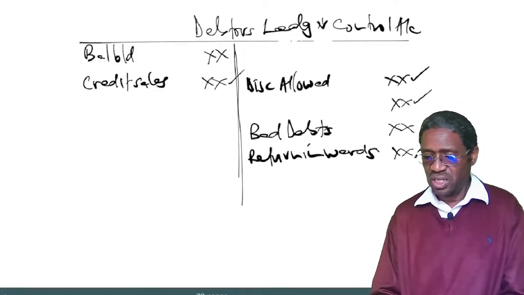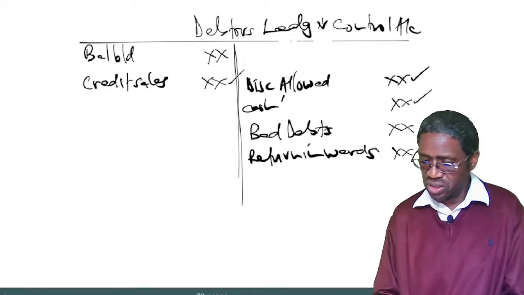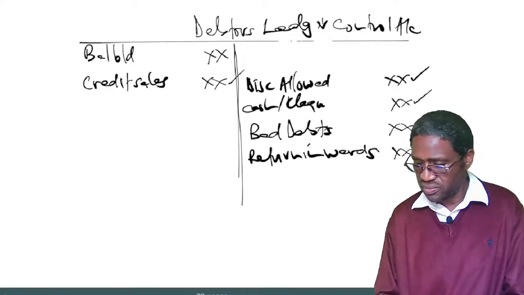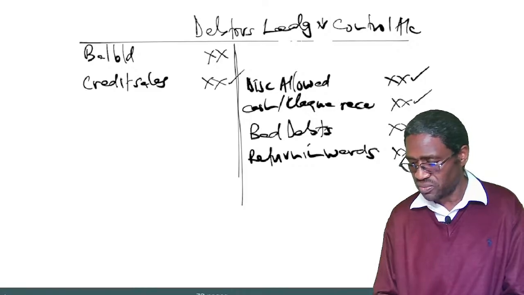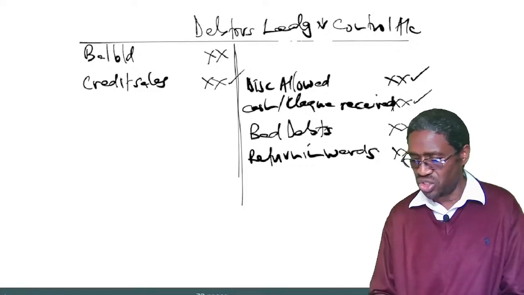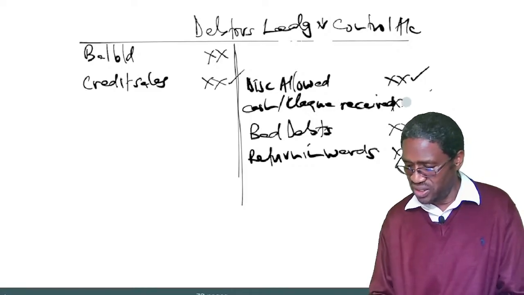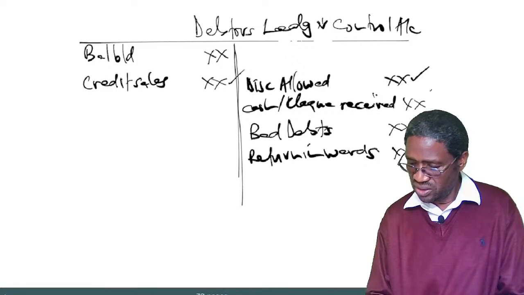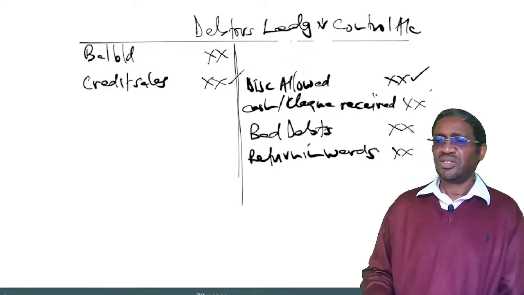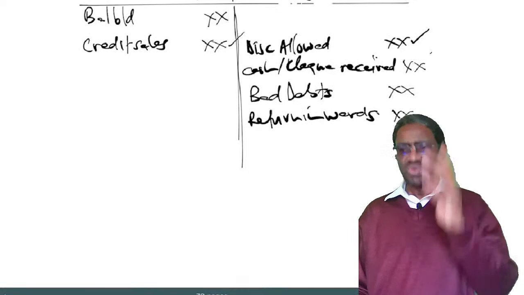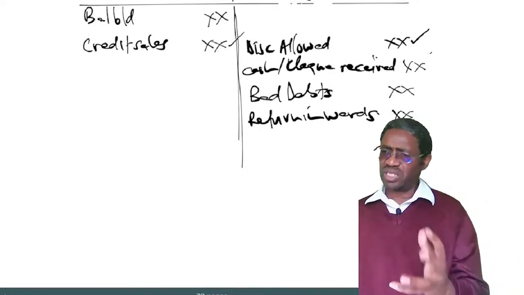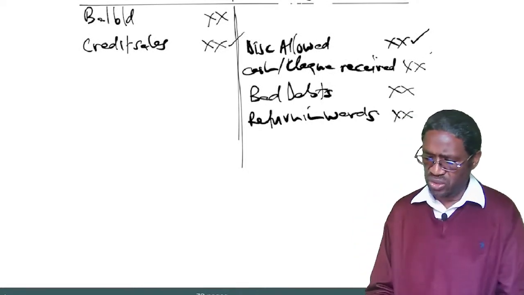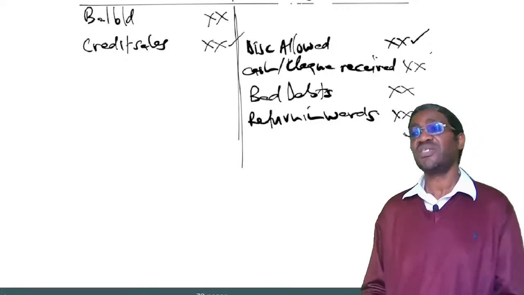So we are saying it is either cash or check received. Good. When you receive from your debtor, you debited bank if you received a check, or you debited cash if you received cash, and you credited debtors.